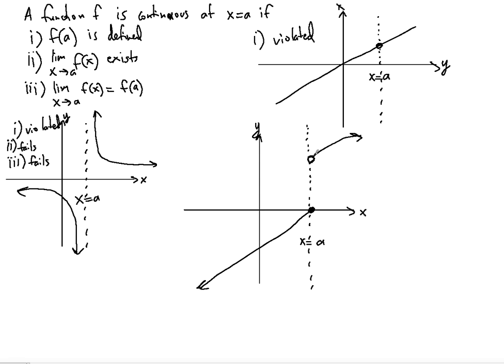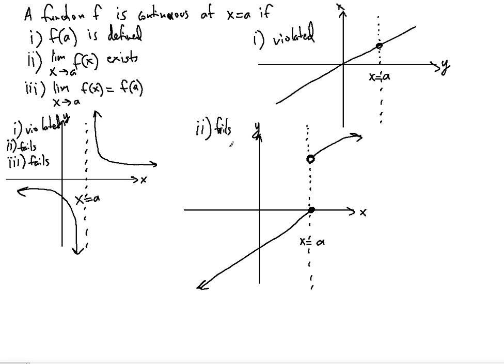Well, the limit from the right to left of this line x is equal to a is this hole here, but the limit as x approaches a from the left to right is going to be the x-axis, this point here on the x-axis where y is equal to 0. So no, the two limits do not agree on both sides, so the limit does not exist. Okay, so condition 2 fails.